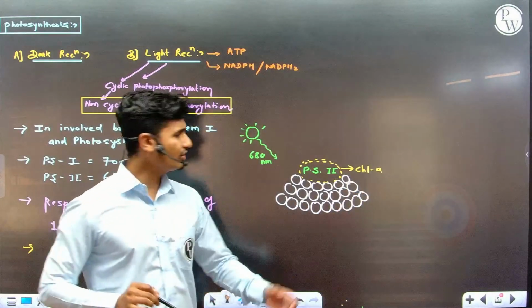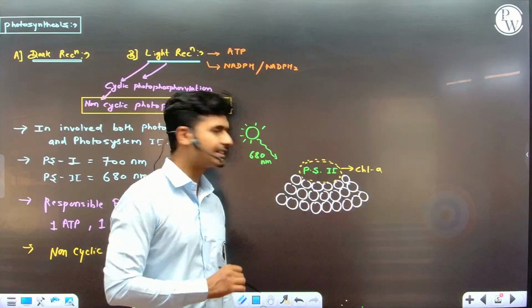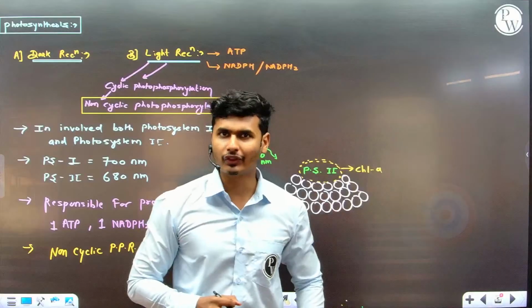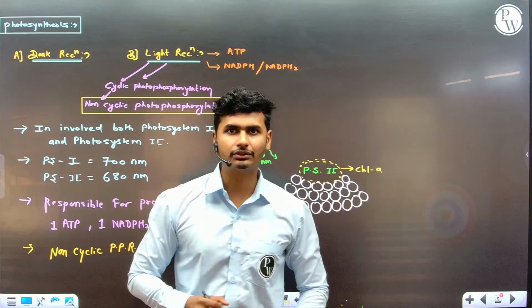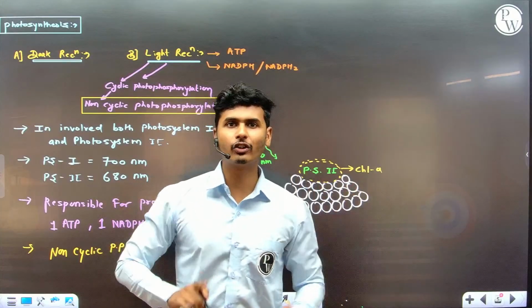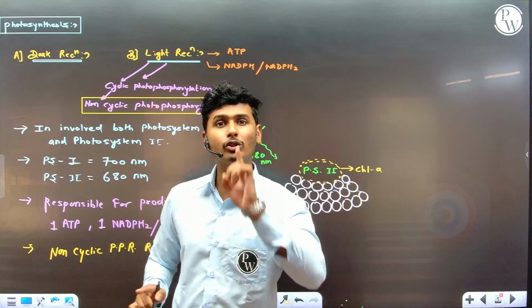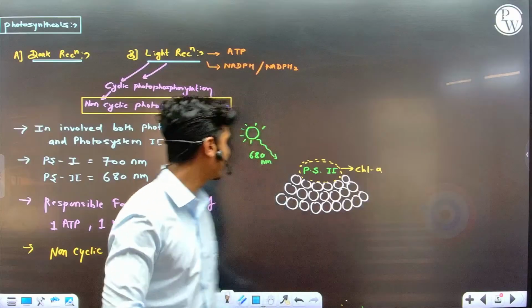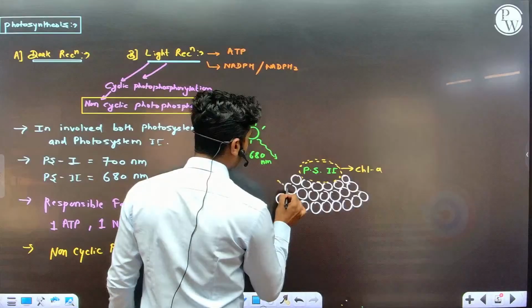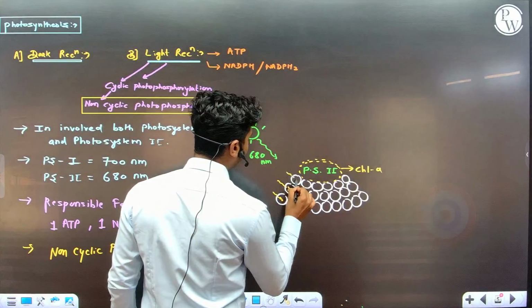The function of these accessory pigments is just to absorb light and pass it to chlorophyll A. The main molecule, or reaction center, of non-cyclic photophosphorylation PS2 is chlorophyll A. Just understand that point.